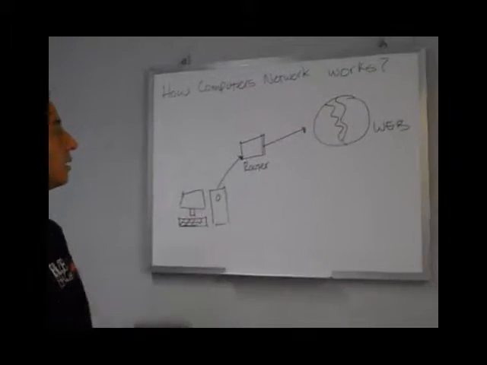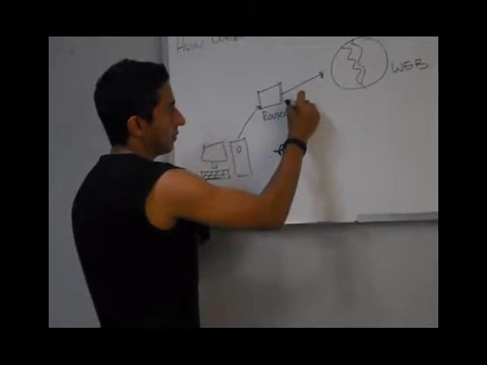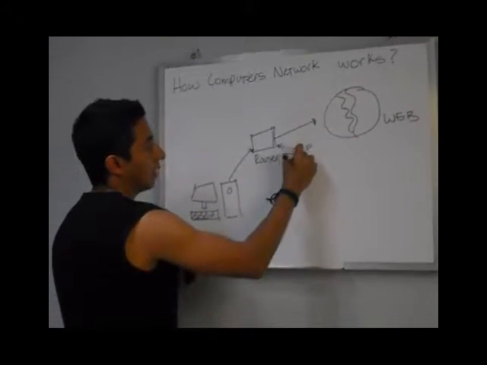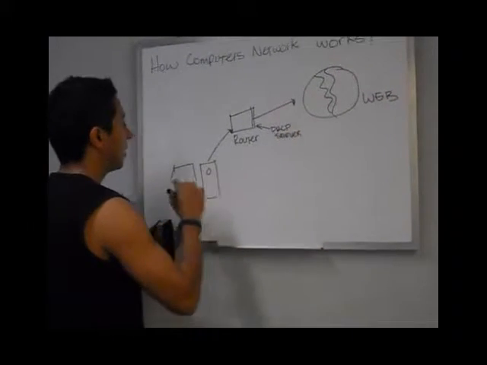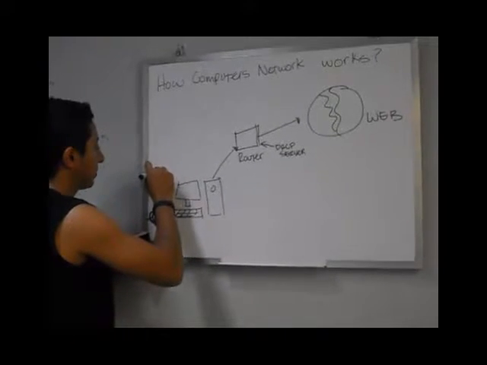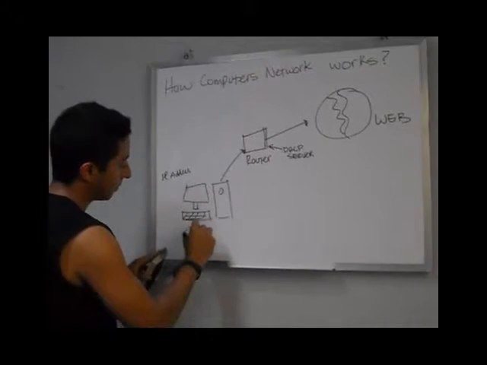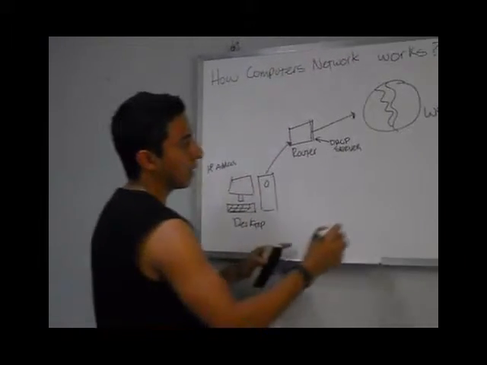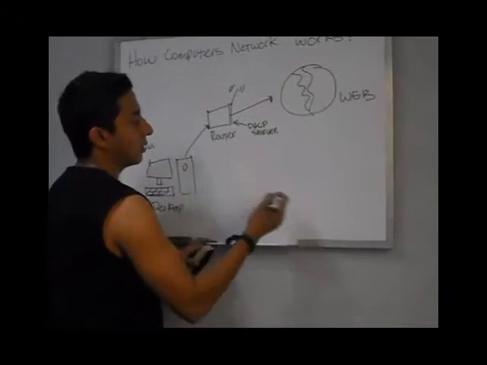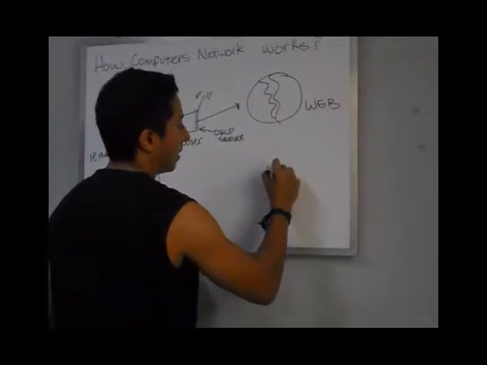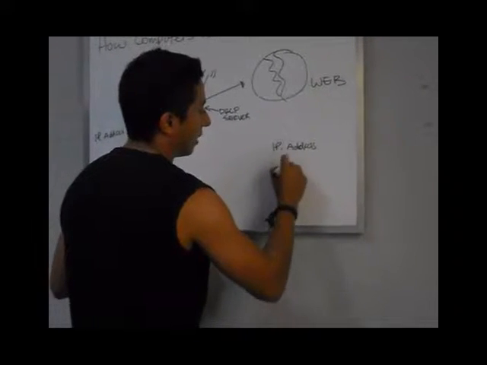This router has an internal DHCP server, and the DHCP server will serve an IP address to the desktop computer, and the DHCP server of this router will serve an IP address automatically to the laptop.